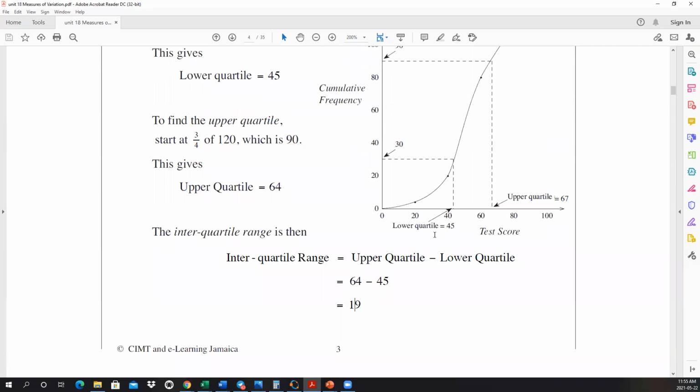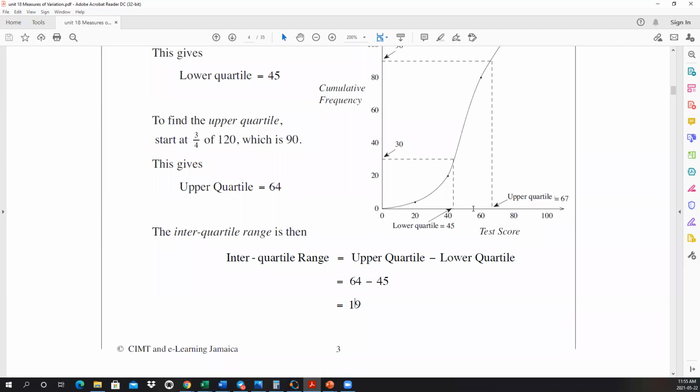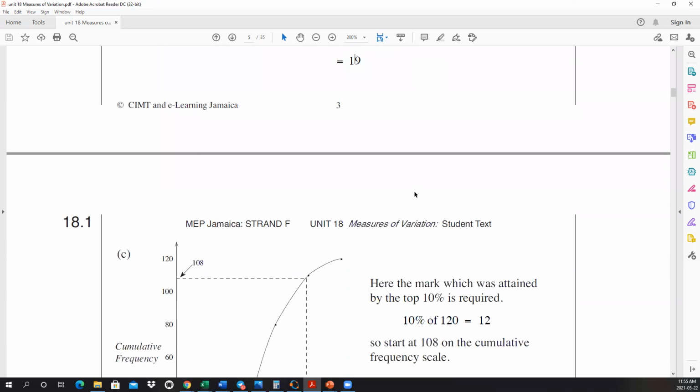And that's how you get it. So always remember, you get the points to go across by using the y-axis. Once you figure out the points, the top 25 and the bottom 25, you go across to the curve and down to the x-axis, and you pick up the figures. Take the difference to find the interquartile range.